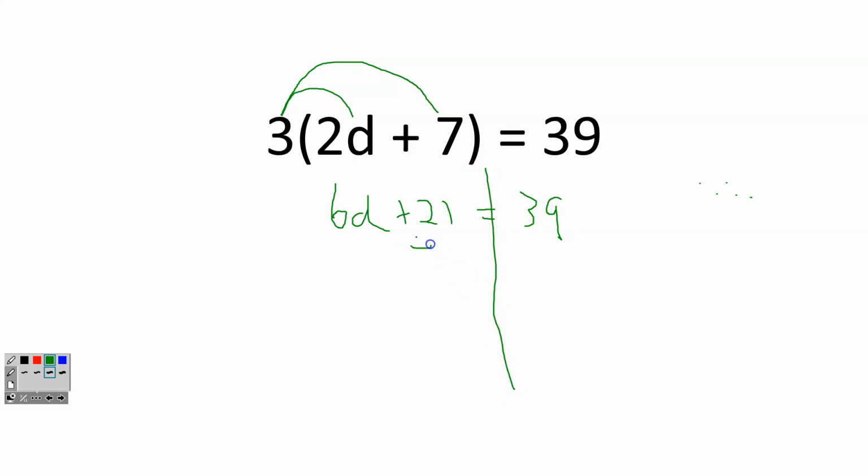Draw my fence. Subtract 21. That gives me 6d left on this side. And 39 minus 21 gives me 18 on this side. I'm going to divide both sides by 6 now, which is going to leave me with d equals 3.